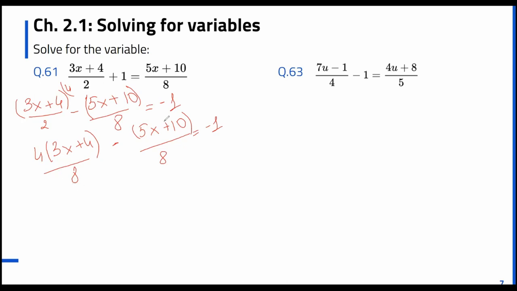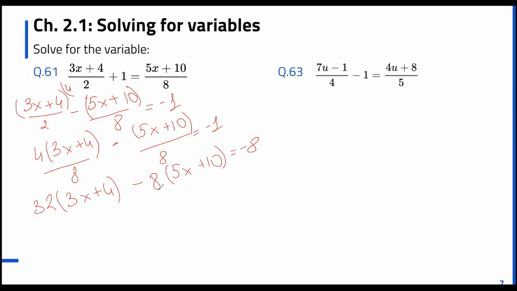So we'll multiply this by 8. So 8 times 3x is 24x, 32, I'm sorry, 32 (3x plus 4), minus 8 (5x plus 10) equals minus 8.